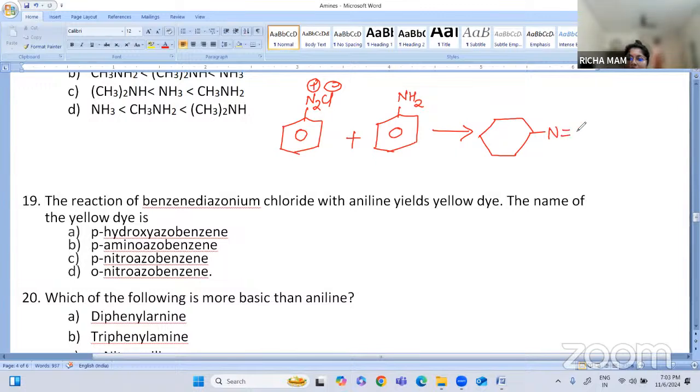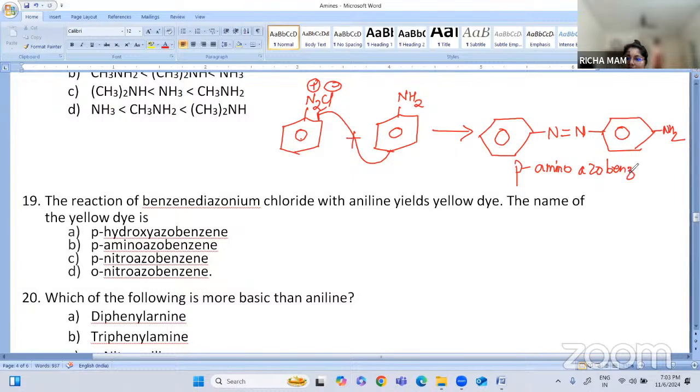So N double bond N. This is the first compound, N2Cl. Then this will attach to this, and you are going to get, here, NH2. So this is para-amino azobenzene.